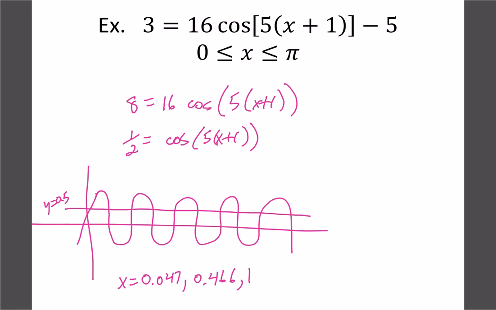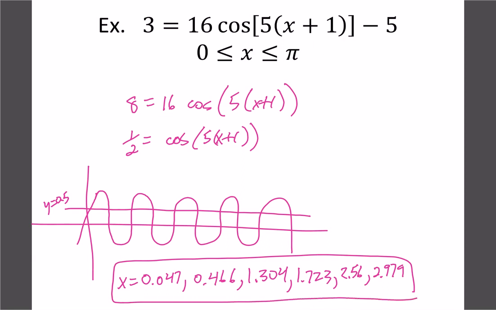The next one is at 1.304, our next one again is 1.723, and we want to go up to pi this time, so we want to get up to 3.14. 2.56 is the next one, and 2.979, and I think that's it. Yeah, the next one is past pi. So you can see we've got a whole bunch of solutions from 0 to pi, which was somewhere in about there. And that's it.